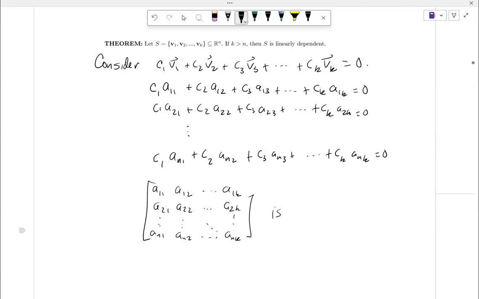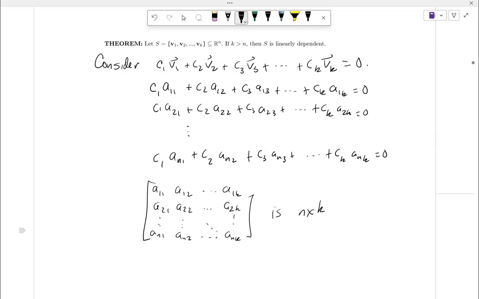What size matrix is that? You just told me a little bit ago. What size matrix is that? It's n by k, right? It's associated with a homogeneous system where we've got more variables than we have equations, correct? So what's going to happen when you row reduce this? You're getting pivotless columns. That's exactly right.